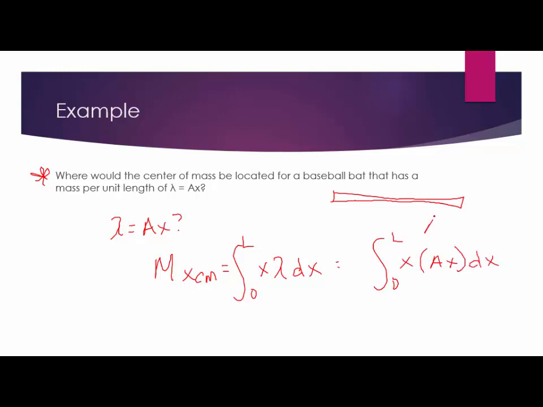So we integrate ax squared, and we get ax cubed over 3. Then we evaluate that from 0 to L, and we get aL cubed over 3 times M equals our center of mass.